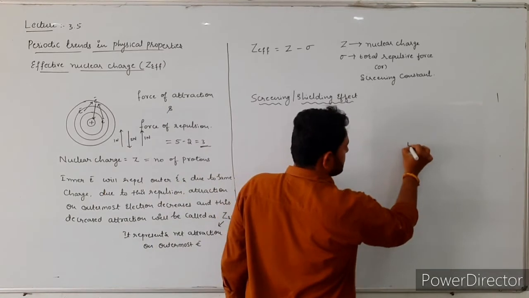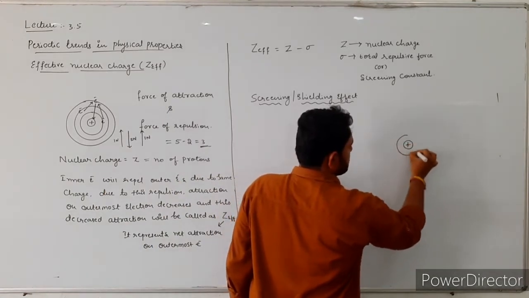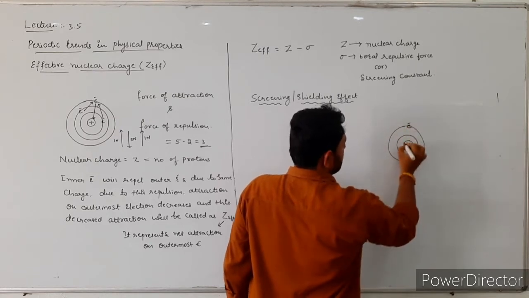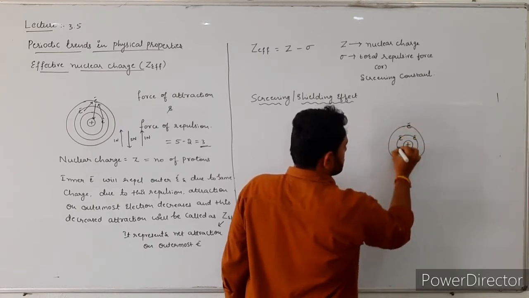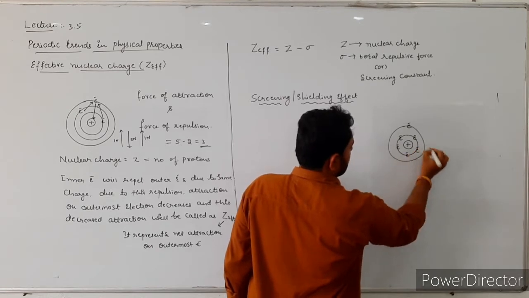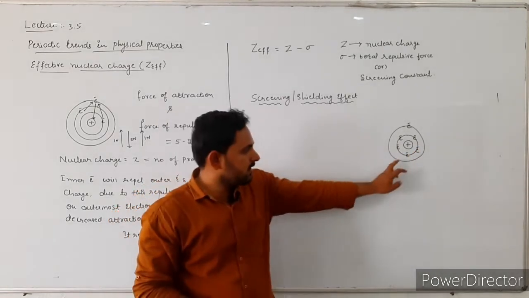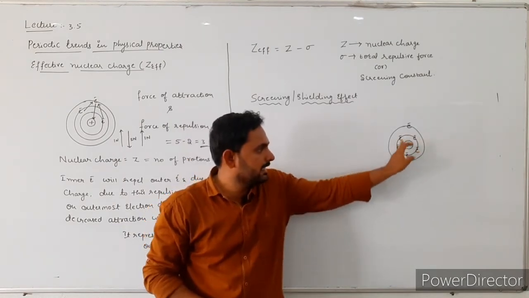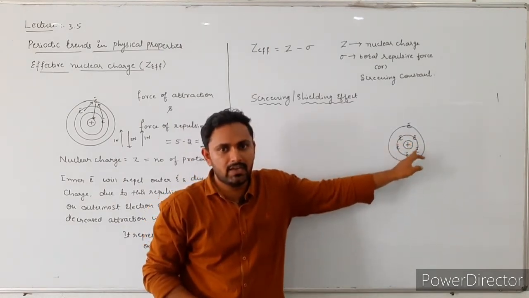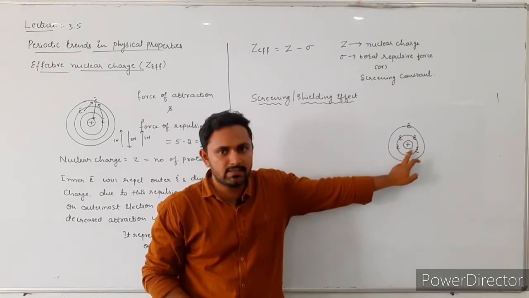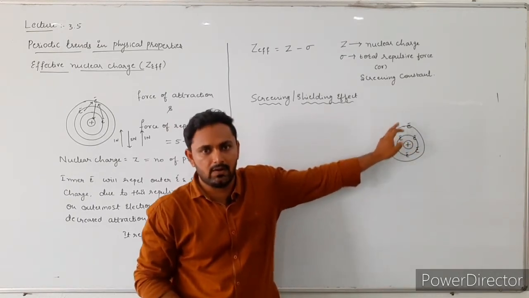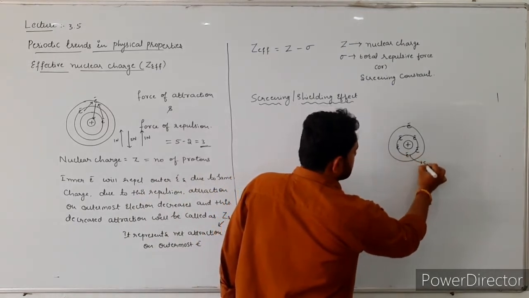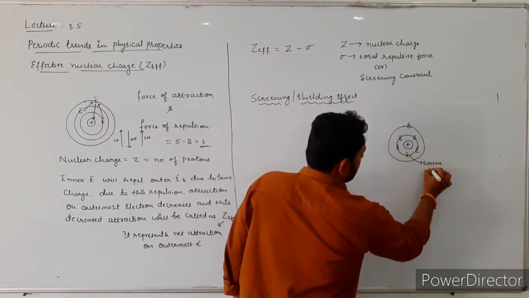See here, this is the nucleus, this is the inner shell, and this is the outer shell. These inner shell electrons work as a screen around the nucleus, and they protect the nucleus from the outermost electron. This effect is called the screening effect.